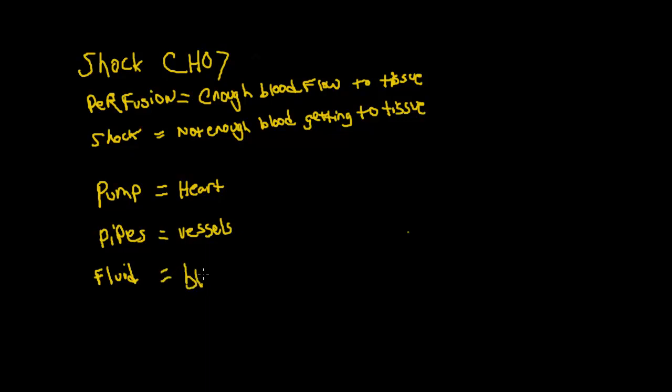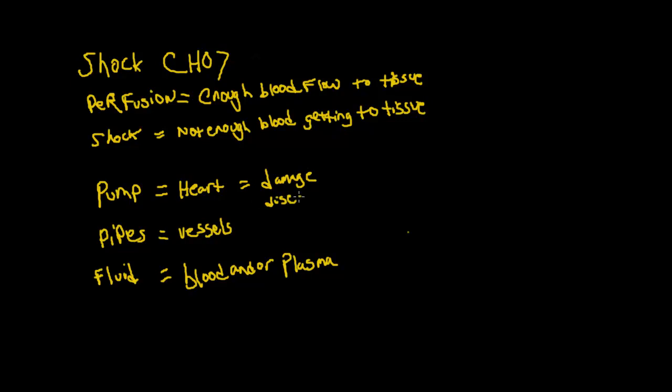Fluid is going to be the blood or the plasma. So the red blood cells make up the solid portion and the plasma is the liquid portion. The vast majority of the plasma is water, or H2O.